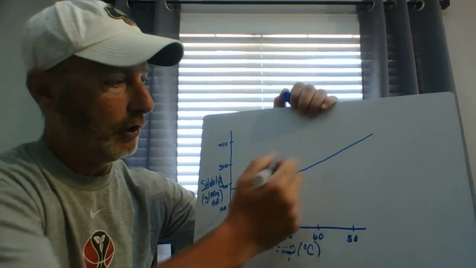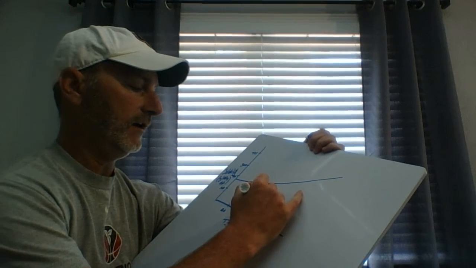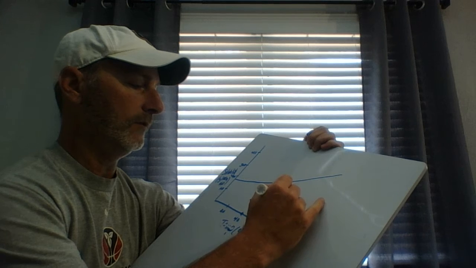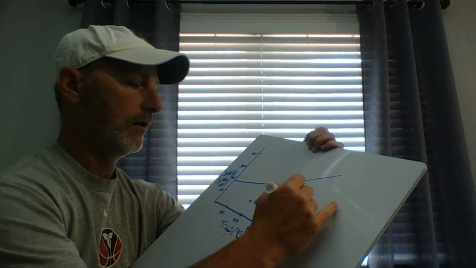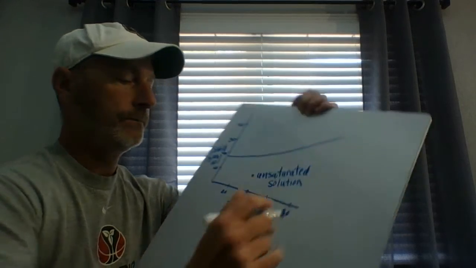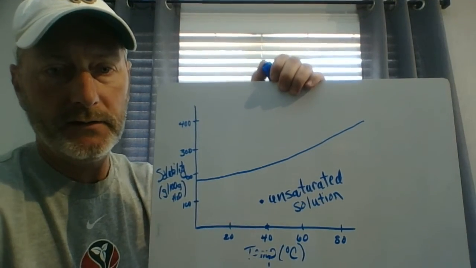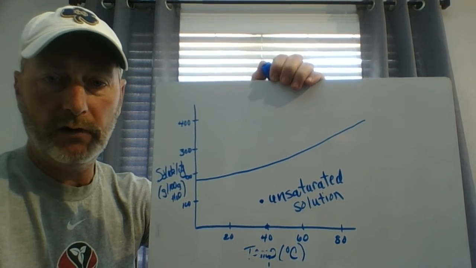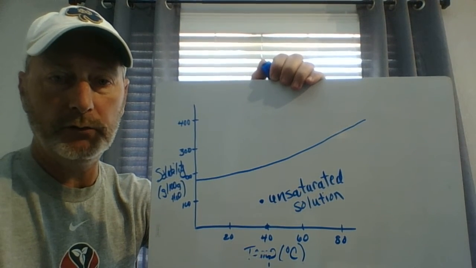Okay, so we're below this curve. So when that happens, anytime we get one that is below that line, we have what we call an unsaturated solution.